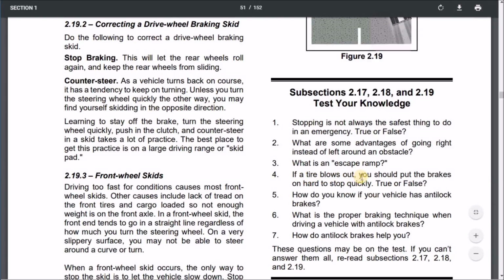If a tire blows out, you should put the brakes on hard to stop quickly. True or false? 5. How do you know if your vehicle has anti-lock brakes? Number 6. What is the proper braking technique when driving a vehicle with anti-lock brakes? Number 7. How do anti-lock brakes help you?